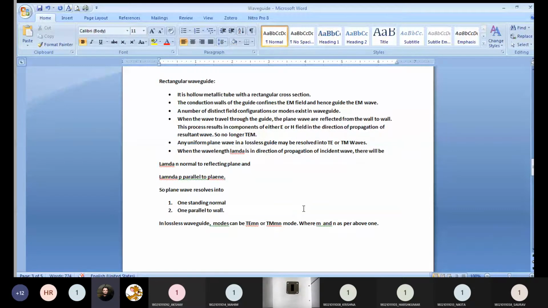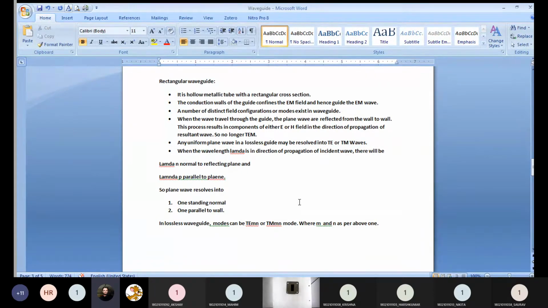In our previous class, we started the introduction to waveguide. I have shown you the physical waveguide, and we have also seen the difference between the waveguide and the transmission line. We have also discussed the different modes, TEM, TE and TM mode.